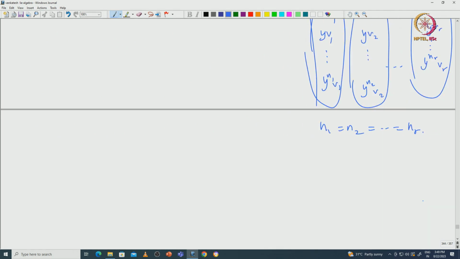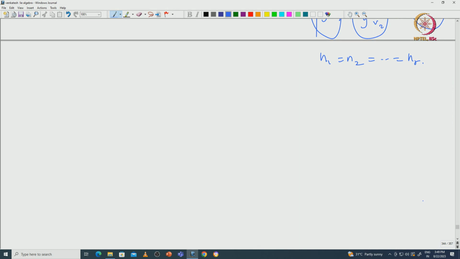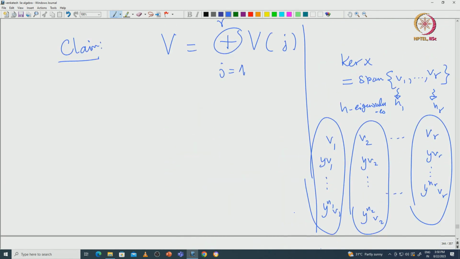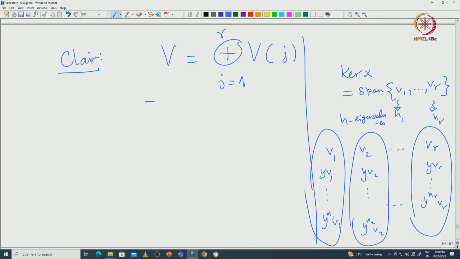Okay. So, basically you are getting only the same copies. So, you have v_1 etcetera v_r, and then y v_1, y to the power m v_1, etcetera, y v_r, etcetera, y to the power m v_r. So, this is going to be your copies of V_m inside your V_theta. If you add them together, you can get it for any finite dimensional representation. So, let us see why this is true.